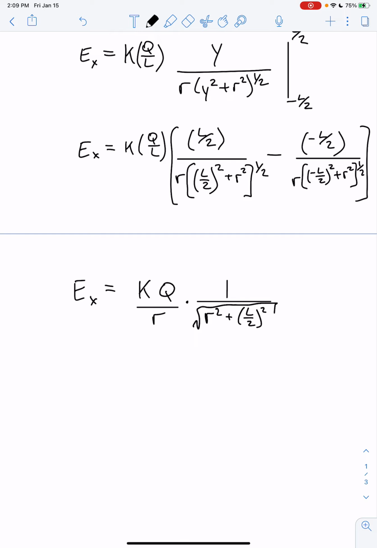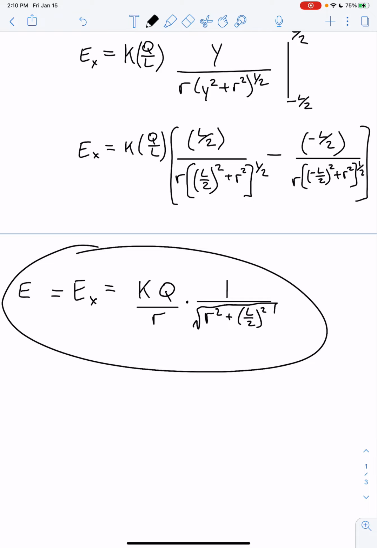Now this is actually going to be the electric field, because, as we discussed before, due to symmetry of the problem, the y components of all these dq's will cancel.